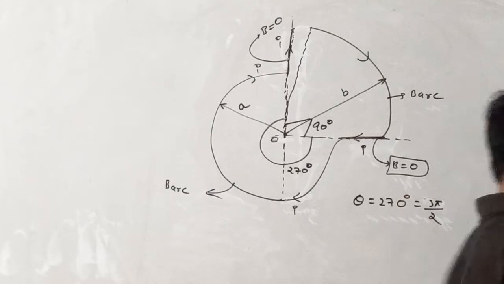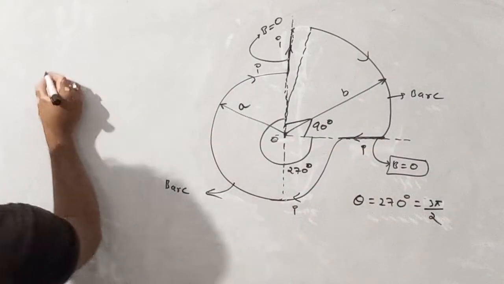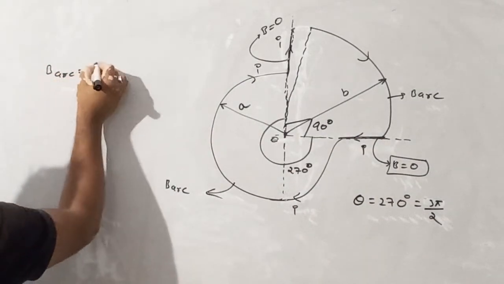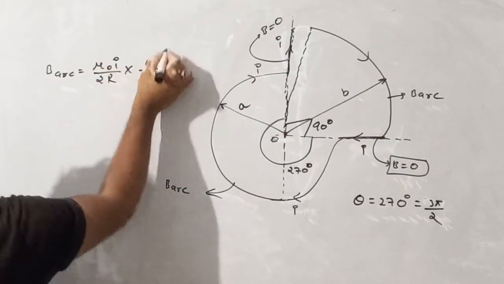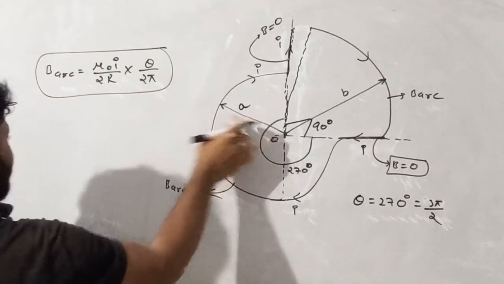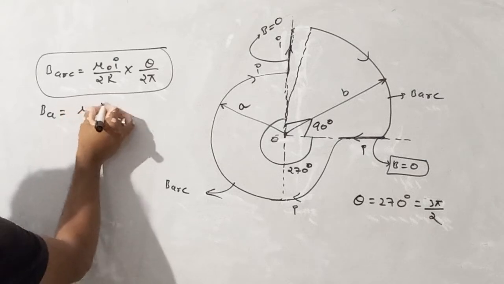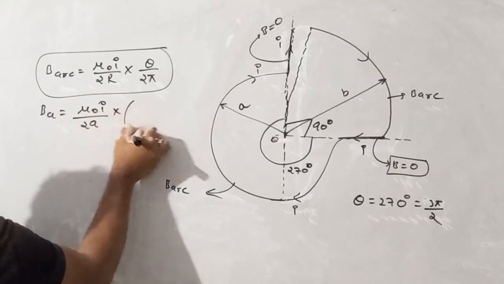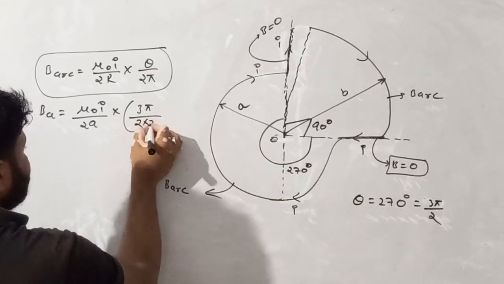So the formula for the magnetic field due to an arc is mu naught I by 2r into theta by 2 pi. Here r is the radius. We find it due to the arc of radius a: mu naught I by 2a multiplied by 3 pi by 2, because 270 degrees is 3 pi by 2, divided by 2 pi.